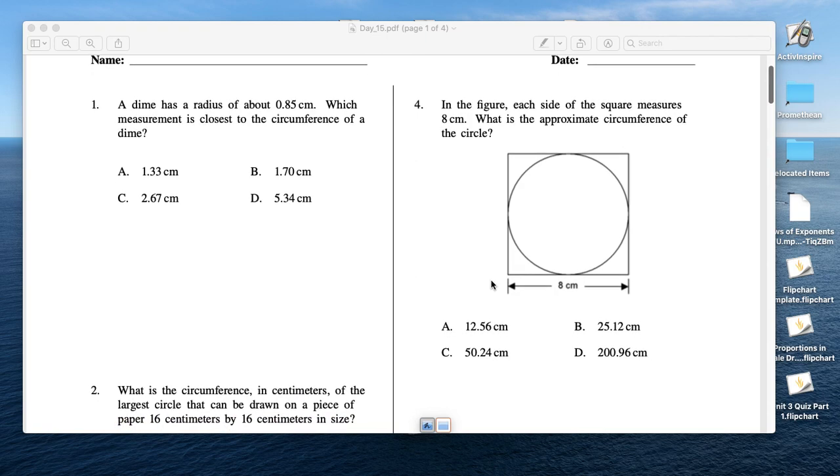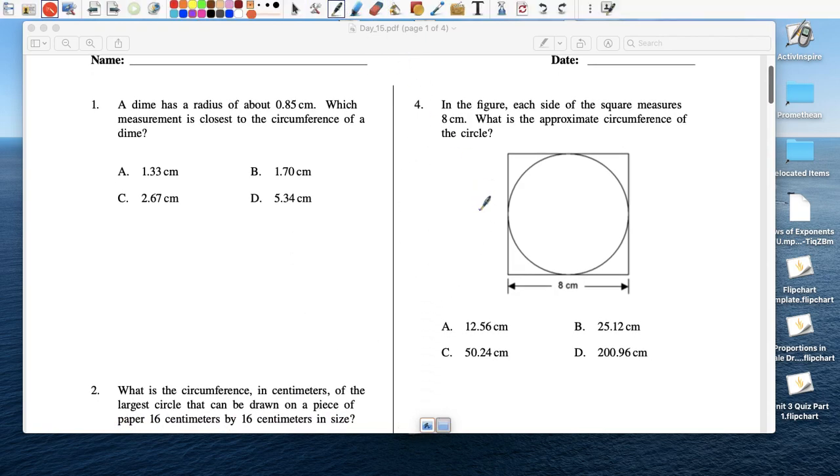4. In the figure below, each side of the square is 8. So this is 8, this is 8, right? Which means the radius is 4. What's the approximate circumference of the circle? C equals pi d. C equals pi times 8.